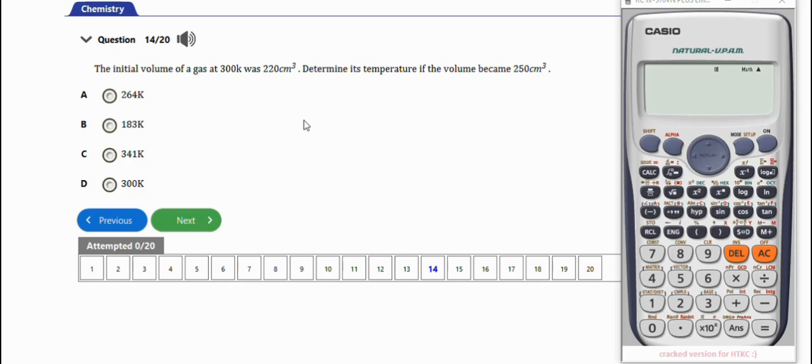Alright, so in Charles' law we have V1 over T1 equals V2 over T2. We are looking for the temperature, that's T2. So to get T2, we're going to have T1 times V2, where T1 here is 300, times the V2 which is 250.